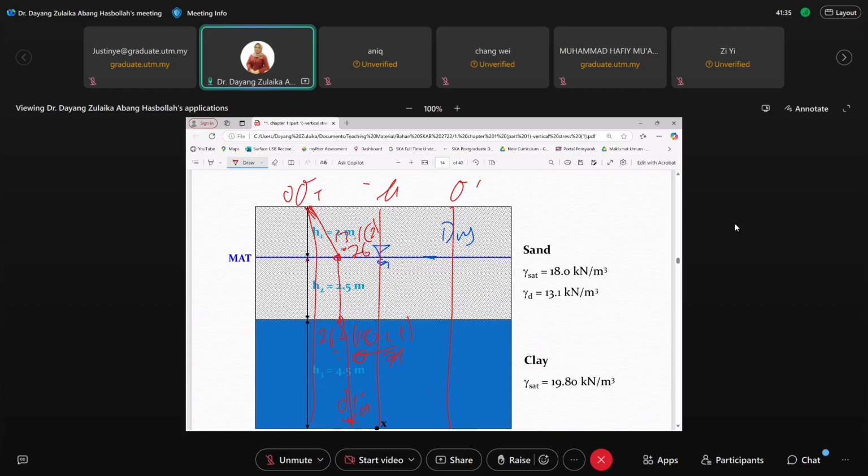And then the next one is 71 plus 19.8 times 4.5. Sorry, 75 plus 19.8 times 4.5. That gives 160.1 kilonewton per meter square. That is your total stress.